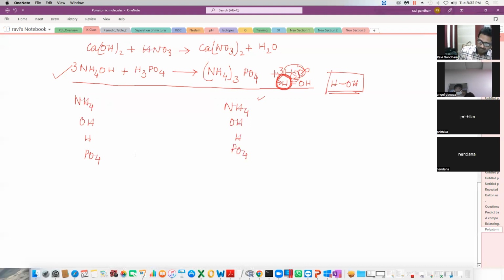Okay, Nandana, what do you get here? NH4 you have got 1, OH you have got 1, PO4 you have got 1, and hydrogen you have got 3. That's what you got earlier? Yeah, sir. Right, very good, excellent. And then you have multiplied this with 3. You get 3. What do you get? 3.